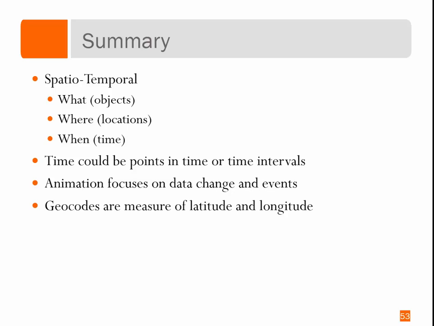And remember that geocodes or geocoding is a series or a system of measurements of latitude and longitude, forming that grid of north, south, and east, west. This concludes our lecture on spatio-temporal visualization.